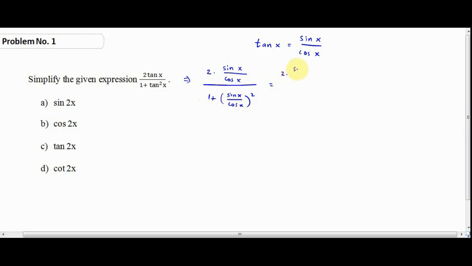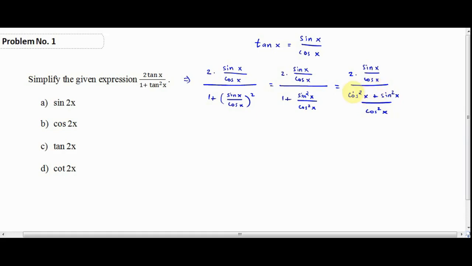What we get is 2 into sin x by cos x whole divided by 1 plus sin square x divided by cos square x, and this one we can rewrite it as 2 into sin x by cos x divided by this denominator we may rewrite like this, cos square x plus sin square x divided by cos square x.